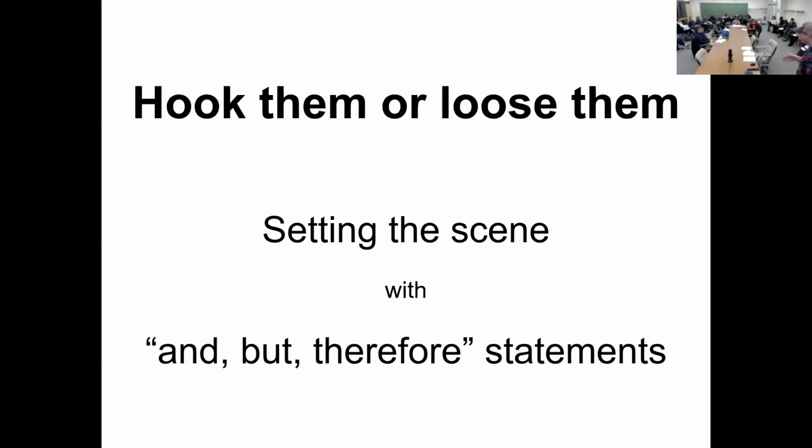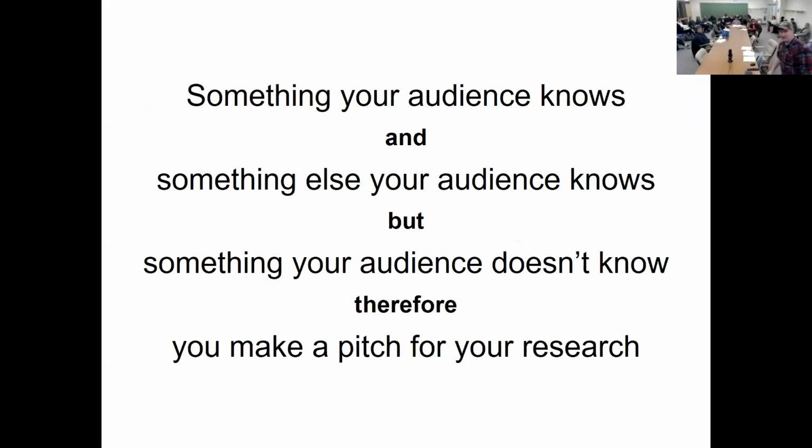Because you have to know your audience, right? And so one good way of using these and, but, and therefore statements is to state something your audience knows and state something else your audience knows. Because that allows you to connect to your audience, right? And then maybe state something that the audience doesn't know, and you can therefore justify why you're conducting your research, right?